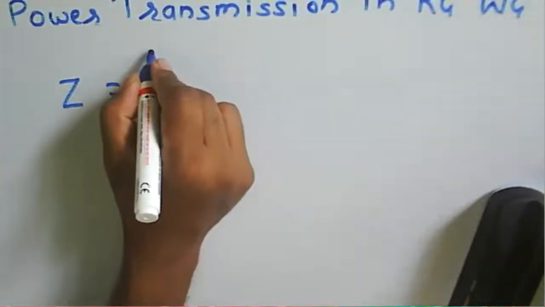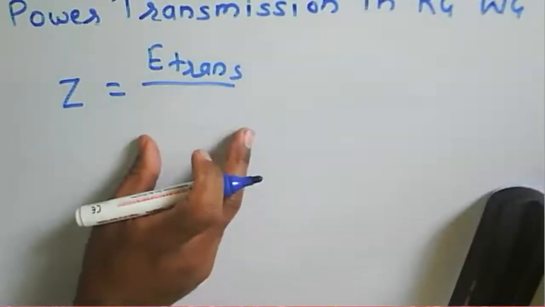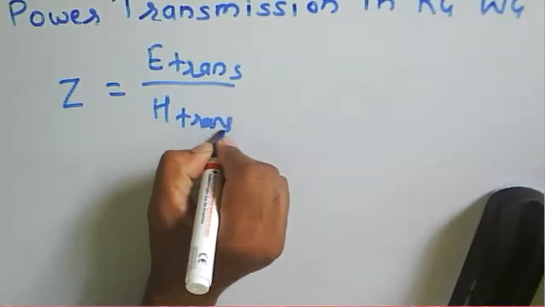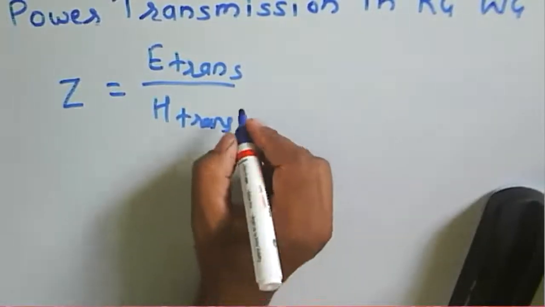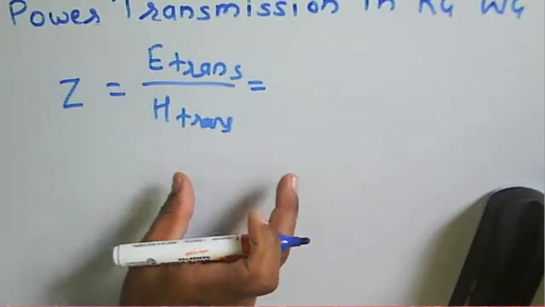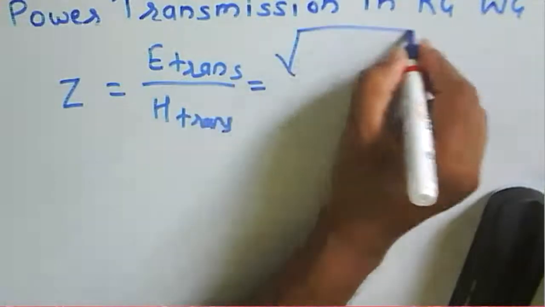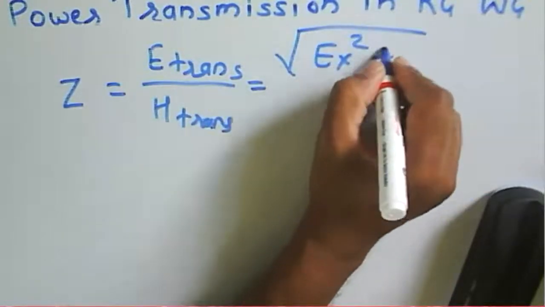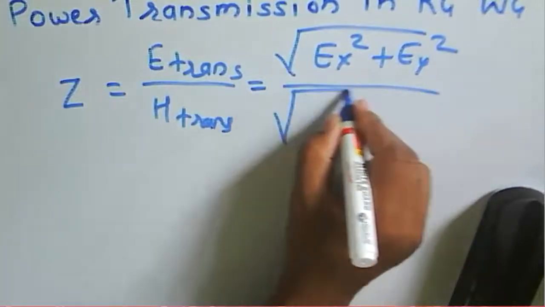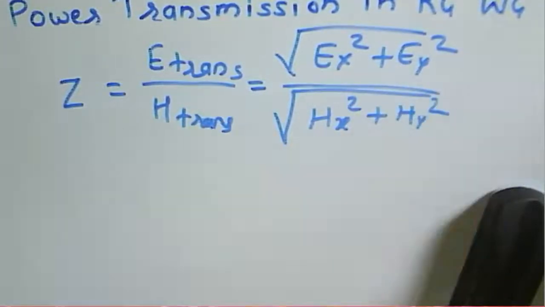In general, it is about E trans over H trans, whatever the transverse components we are supposed to consider. So E trans is nothing but under root of Ex square plus Ey square, and similarly H trans is under root of Hx square plus Hy square.